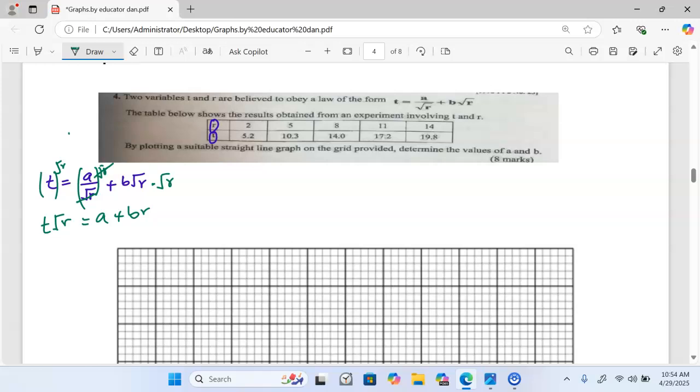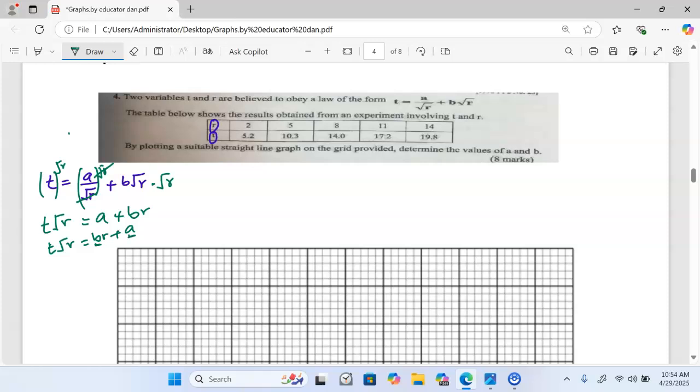If we reorganize, we are going to have T root R being equal to BR plus A, where B is going to be the gradient and A the y-intercept.